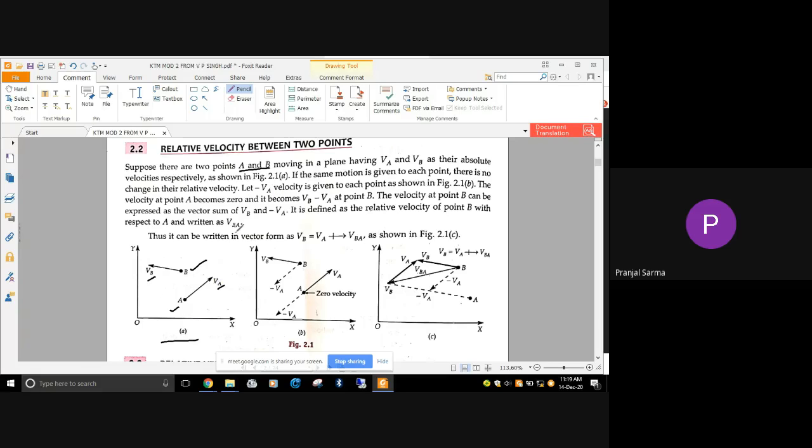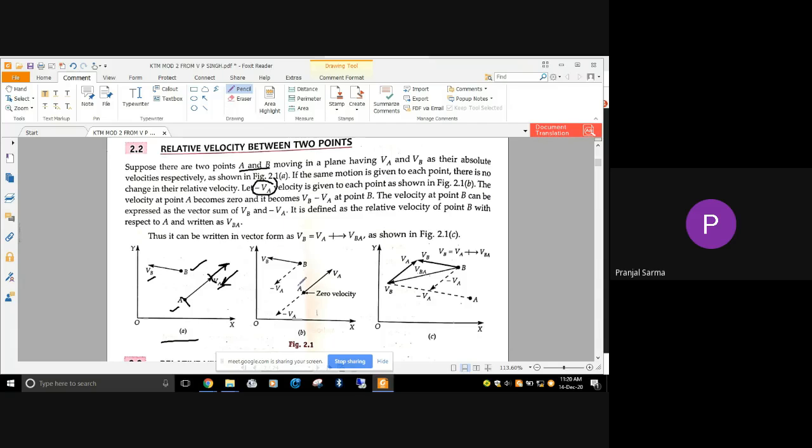Now in this particular case, we are giving minus Va velocity to both the points. Va is the magnitude, and the plus sign is along this particular direction, so the negative sign will be along the opposite direction. With the dotted line we are showing minus Pa to point A, and similarly minus Pa to point B. As we are giving similar motion, relatively they should not change.